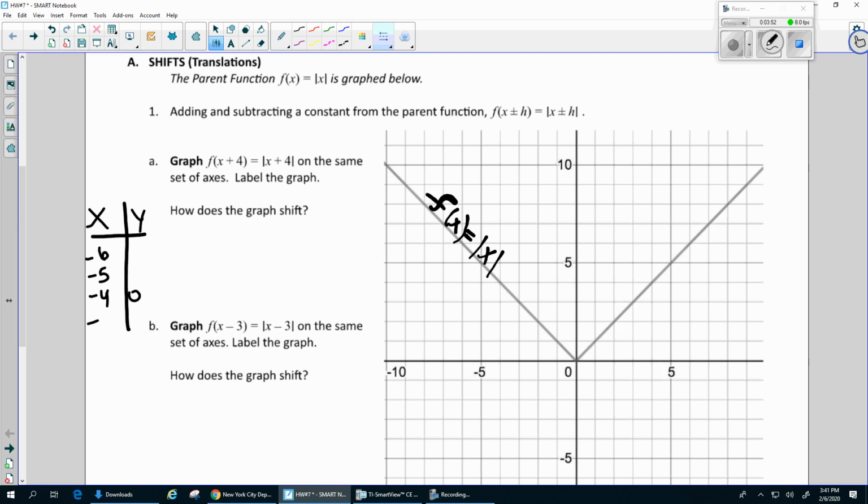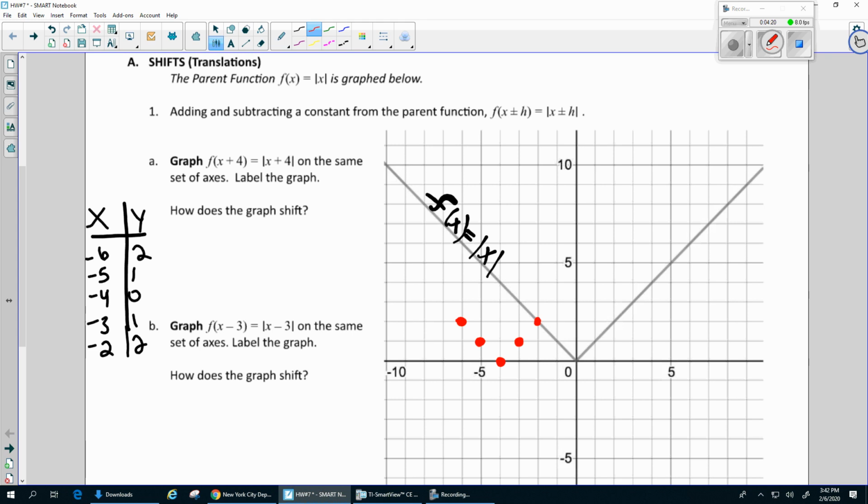And I'm going to pick values that are larger than -4. And I'm going to fill in my y values from my table. So now I can graph. So I'm going to start at -4, 0, and I'm going to plot my points. And you'll notice there's some symmetry happening here.